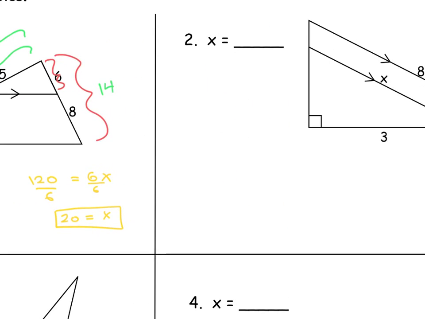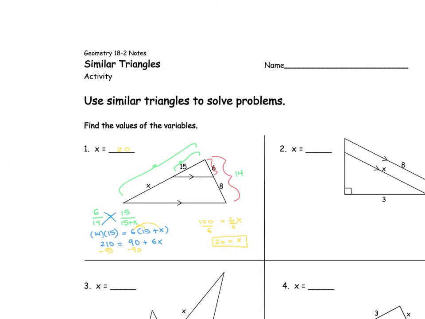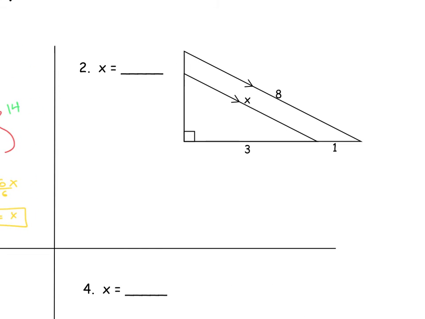Now let's move on to number 2. Again, we said that these triangles are given to me to be similar, so I'm not going to spend time proving that they are similar. I'm going to just dive into finding the missing sides. So again, this is one side of the small triangle over a side from the big triangle. So 3 over 4, so the whole thing is 4.